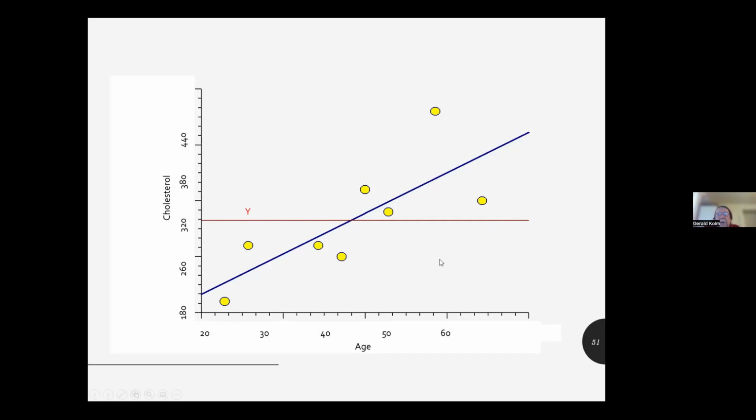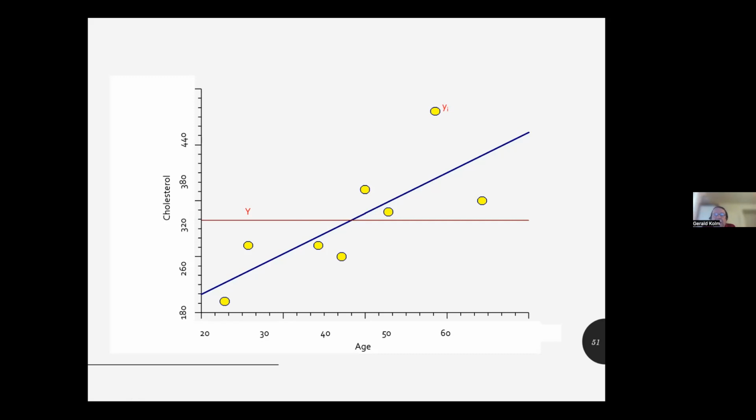The question that we're asking is, does age add any information to whatever the cholesterol level might be over and above the mean level? There are different quantities that we can calculate here to give us that answer. We'll represent an individual point, their age and cholesterol level, by Y sub I. So that one up here is a particular patient.